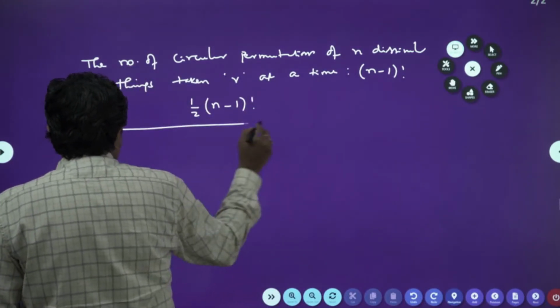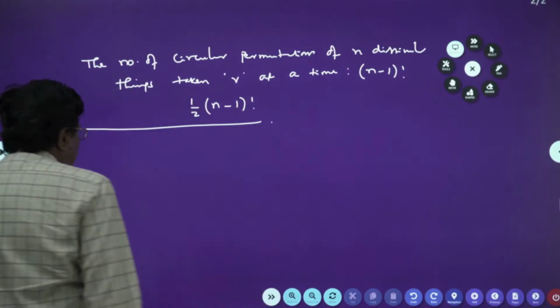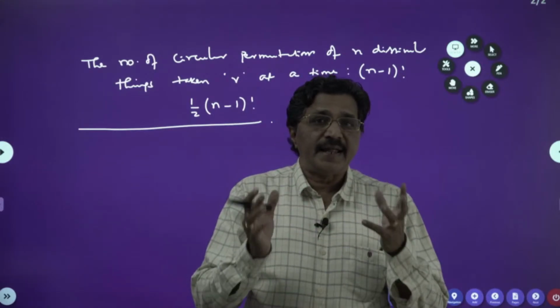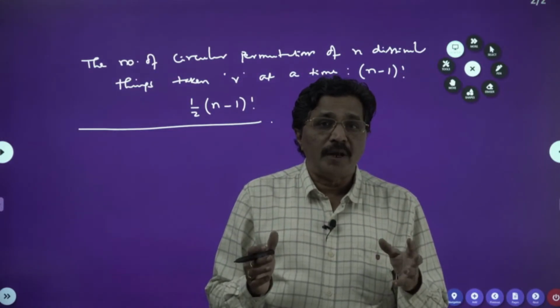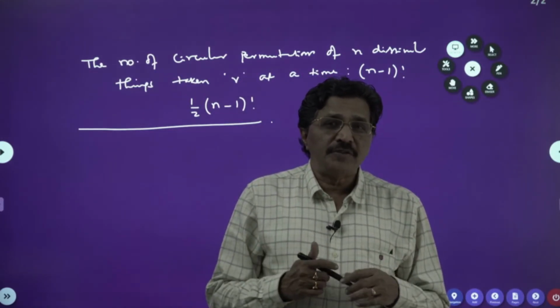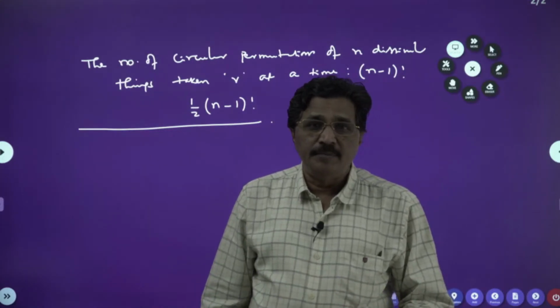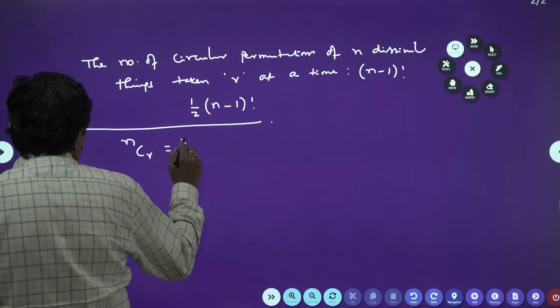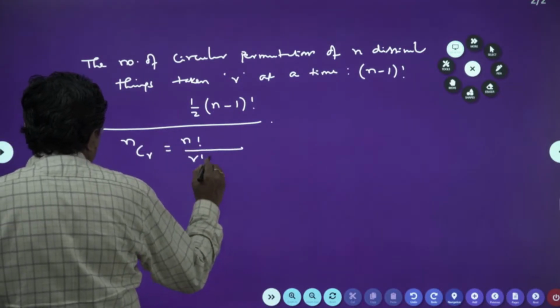Next thing is the number of combinations, that is just selections, and the internal arrangements are not required in the case of combinations. The number of combinations of n dissimilar things taken r at a time is nCr, and nCr is given by n factorial by r factorial into n minus r factorial.